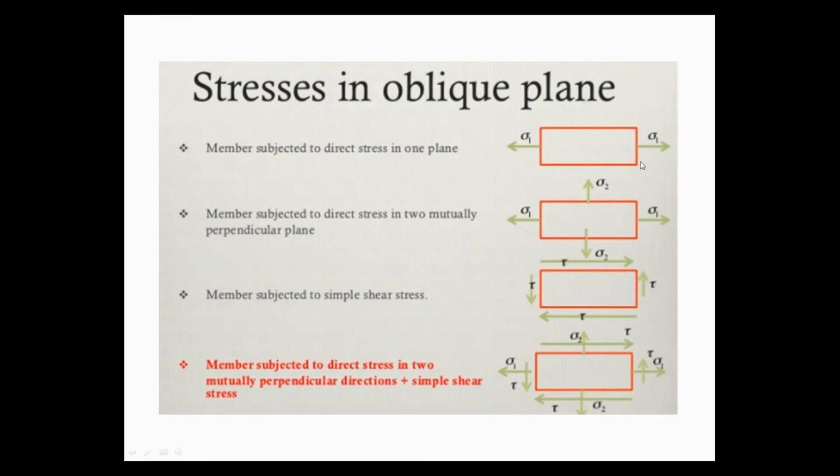Now there are different cases for the oblique planes.